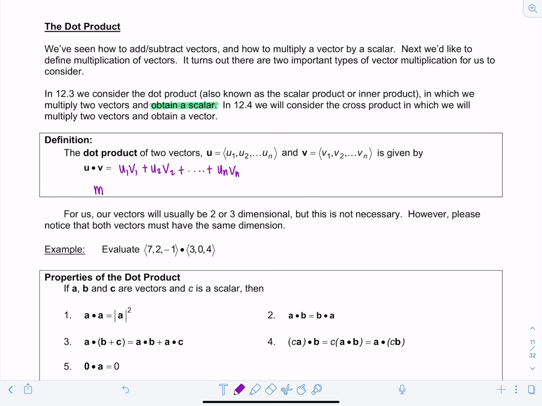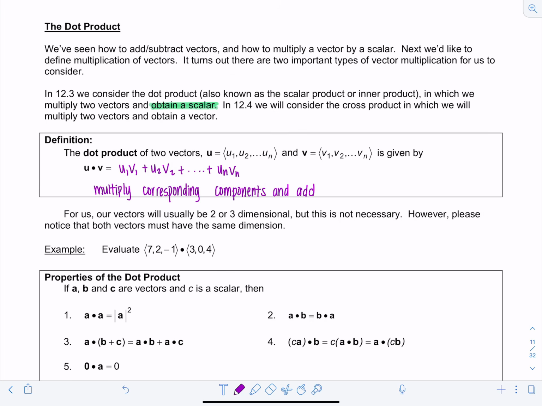So basically what you're doing is you multiply all of the corresponding components, and then you add them all together. And because you're adding them all together, that's why you end up with a scalar at the end, not a vector.